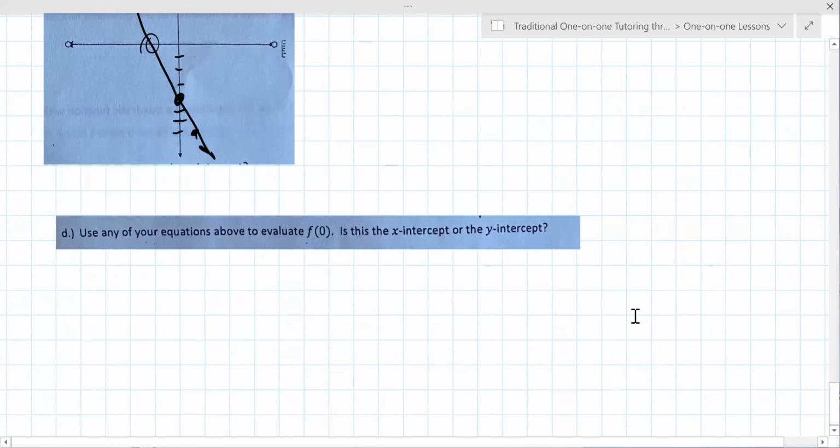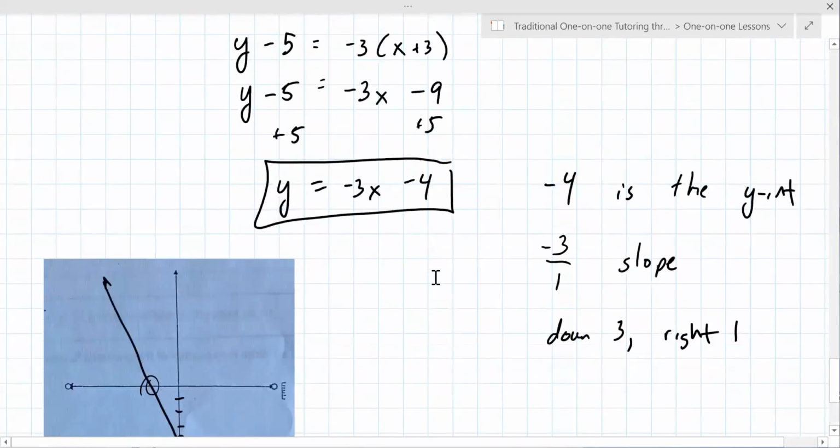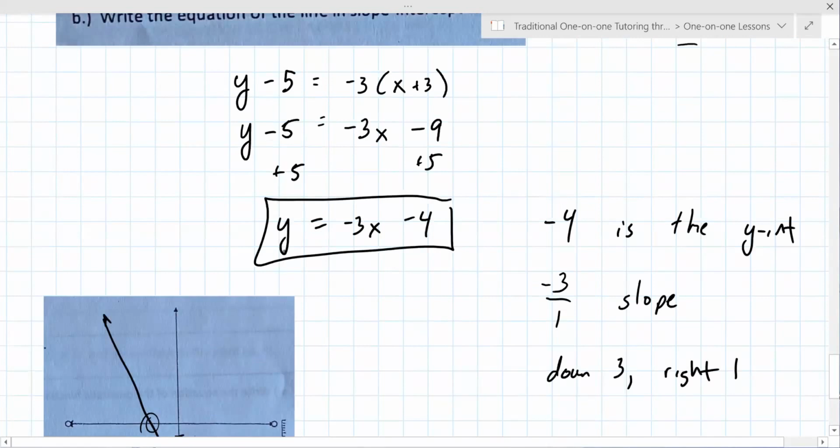Okay, so this one says use any of your equations above to evaluate f of 0. So f of 0 means x equals 0. So let's go back to your equation. You can replace y with f of x.